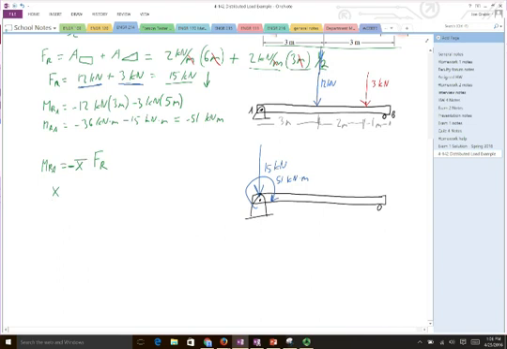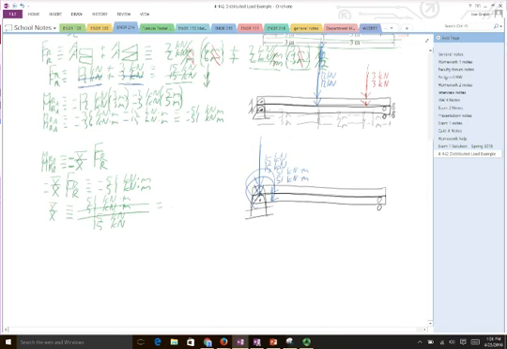So now I'm going to have negative x bar times F_R is equal to negative 51 kilonewton meters. Solve for x bar. The two negatives cancel, and I get 51 kilonewton meters over the resultant force, which was 15 kilonewtons.